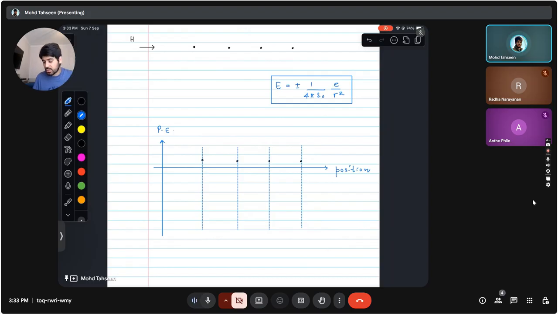Now when the electron is at infinity, the potential energy of the system is 0, right? So it would be very close to 0, and as it gets closer to the positive core, there's a build-up of negative potential energy in the system, right? So something like this, the potential would drop off as we get closer, right?